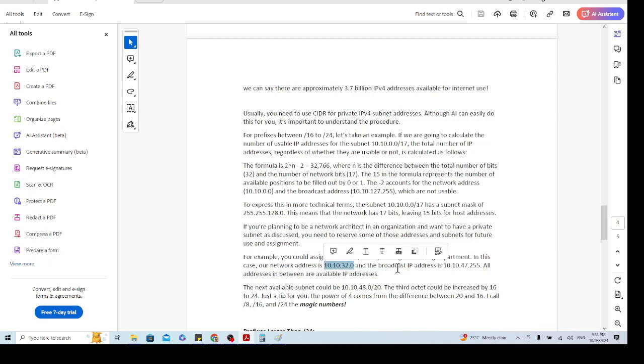Okay, let's go to this number. You know that it's not mandatory for those octet numbers, for example, all of them, first, second, third, and fourth octet, to start from 0. So let's get back to this number, 10.10.32.0 slash 20.